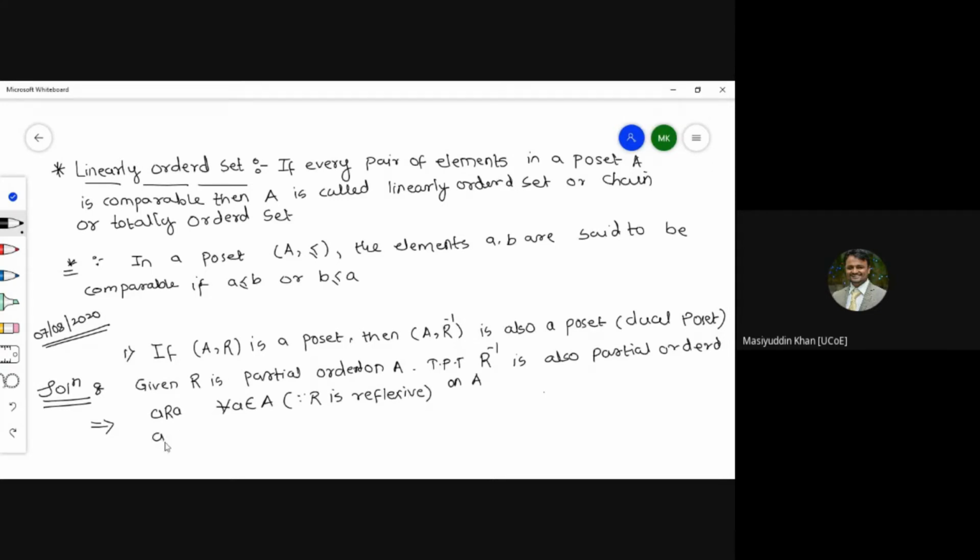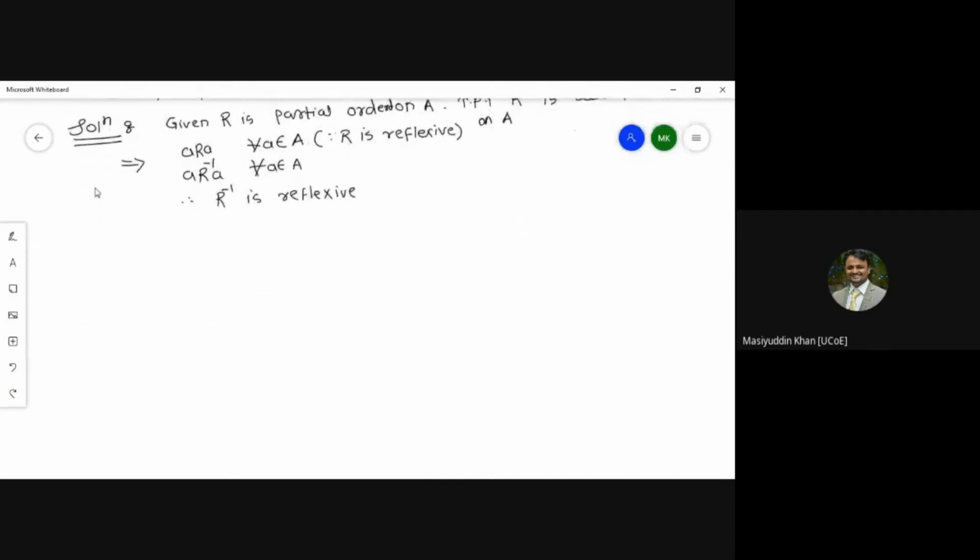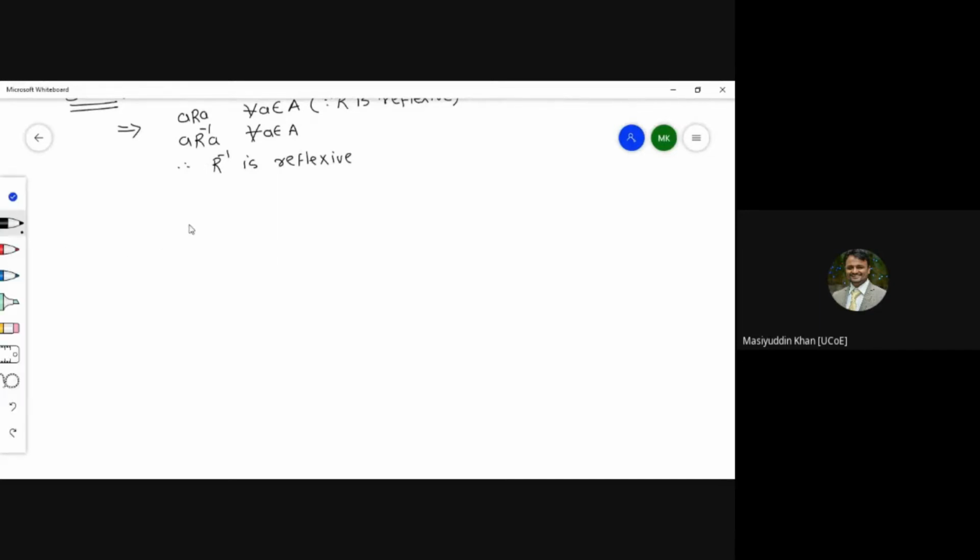Now a R^-1 a means a is related to a under R inverse, for all a belonging to capital A. Therefore, R inverse is reflexive. Next, we have to prove that it is antisymmetric.